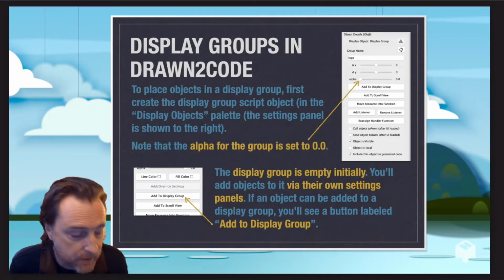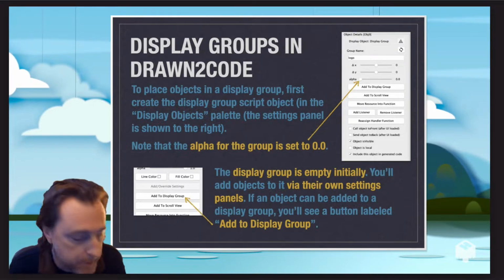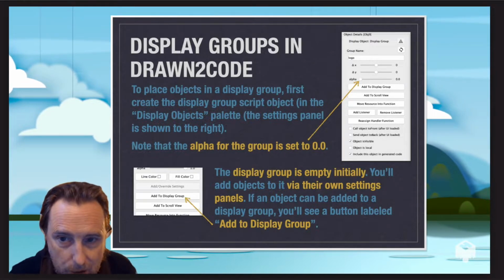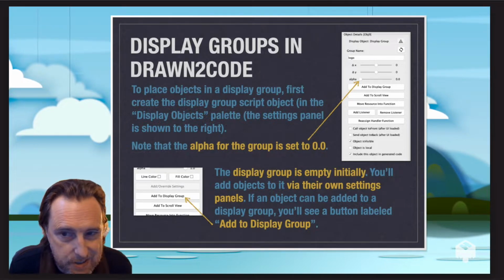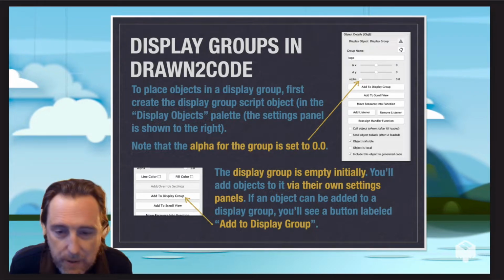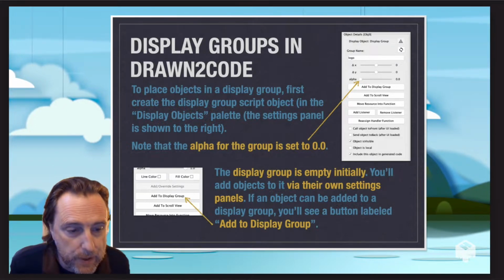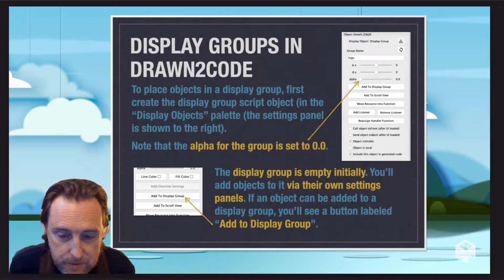If there's anything that throws people and sometimes trips me up, it's that the display group gets an alpha, so it's set to 0 here, which would mean it's invisible. But that doesn't take away from all of the individual components' alphas.